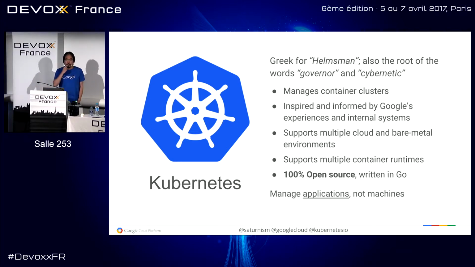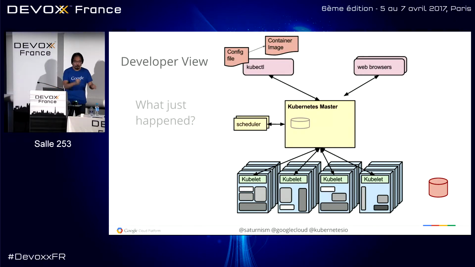Now at Google, we launch about 2 billion containers per week, right? Everything at Google runs in containers. And we have an internal system called Borg that helps us orchestrate it. And we took that experience, and then we open sourced a new system called Kubernetes. And the same engineers who work on Borg work on Kubernetes as well.